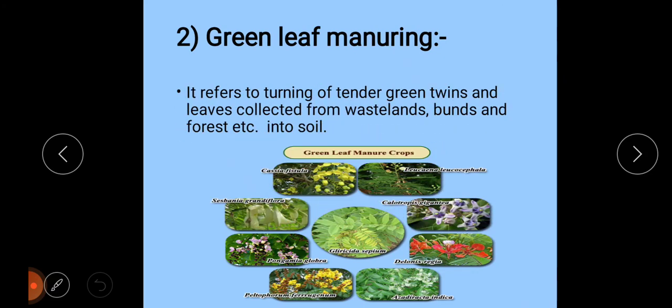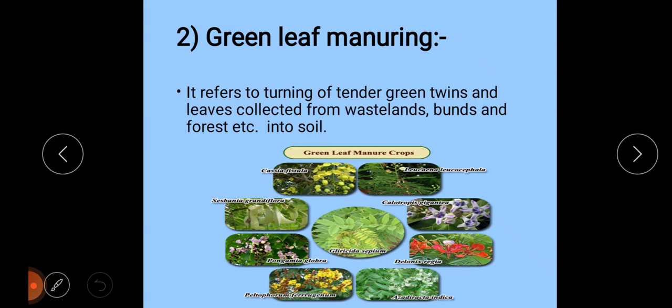Then we discuss green leaf manuring. Green leaf manuring refers to turning tender green twigs and leaves, collected from wasteland, bunds, and forest, etc., into the soil.